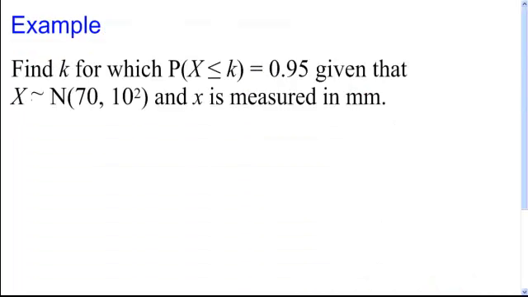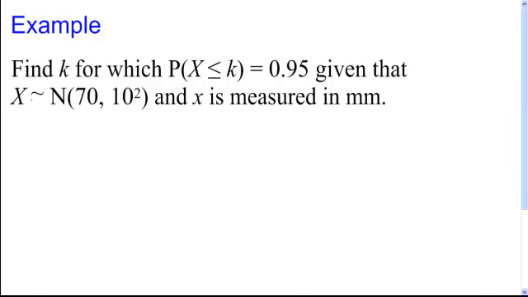So we're going to look here at doing an inverse normal. I want to find the k value when the probability of x being less than or equal to k is 0.95, given that x is normally distributed with a mean of 70 and a standard deviation of 10, and x is measured in millimeters.